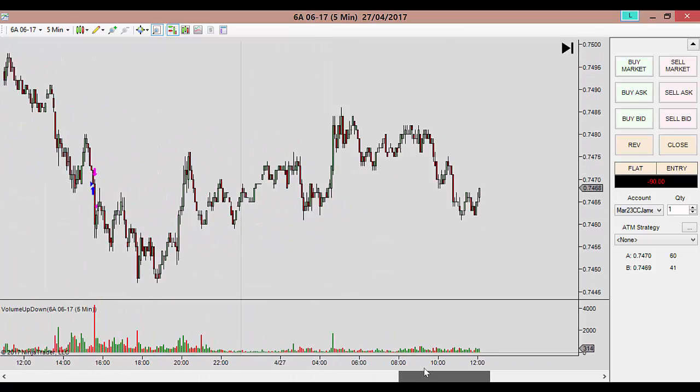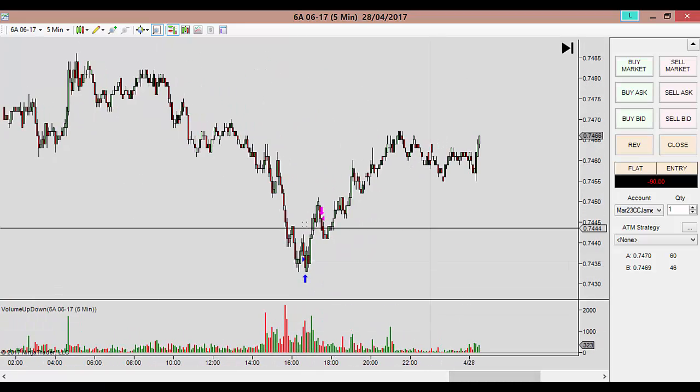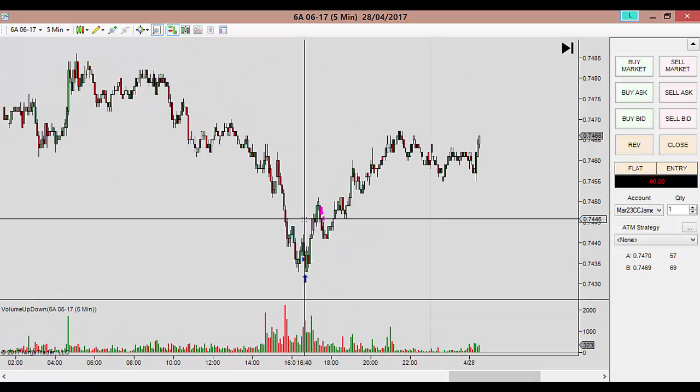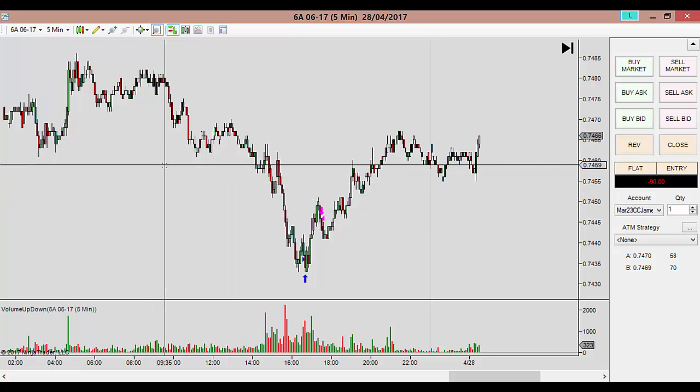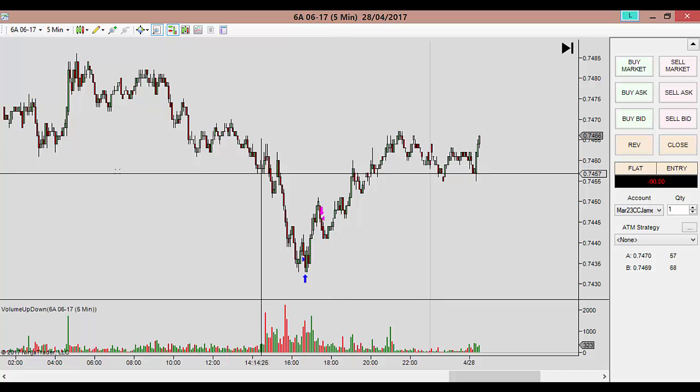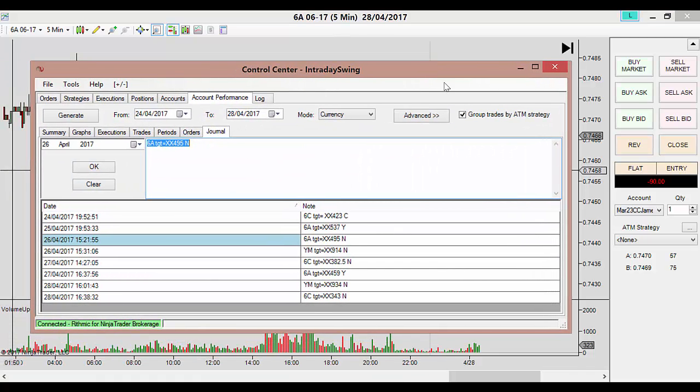And then the only other 6A win got out here at 4.6, which we covered yesterday, and the target was 5.9 right here. So that's $130. So not holding to targets cost me $160 this week.